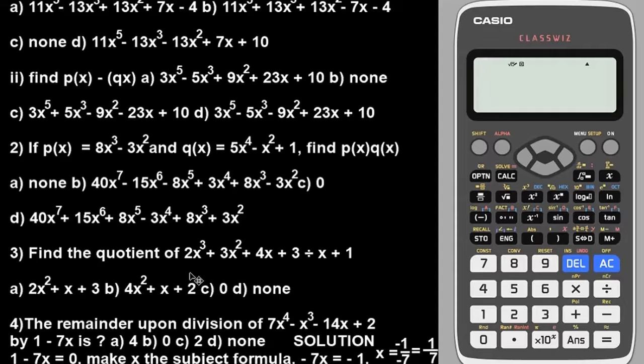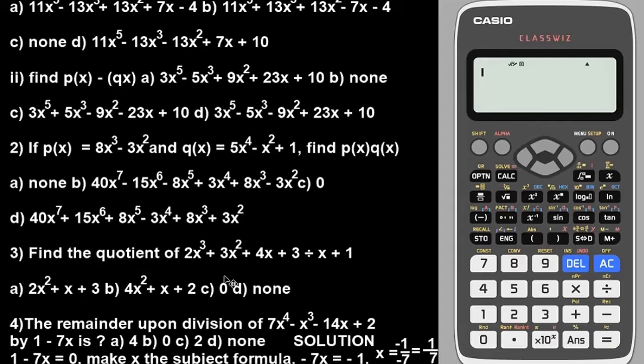So let's go ahead and solve the question. We have to find the quotient. When you have the word quotient, it implies division. Just like in differentiation and calculus, we have what we call the quotient rule, that's when the derivative involves division. So when you have quotient generally in mathematics, it's talking about division.